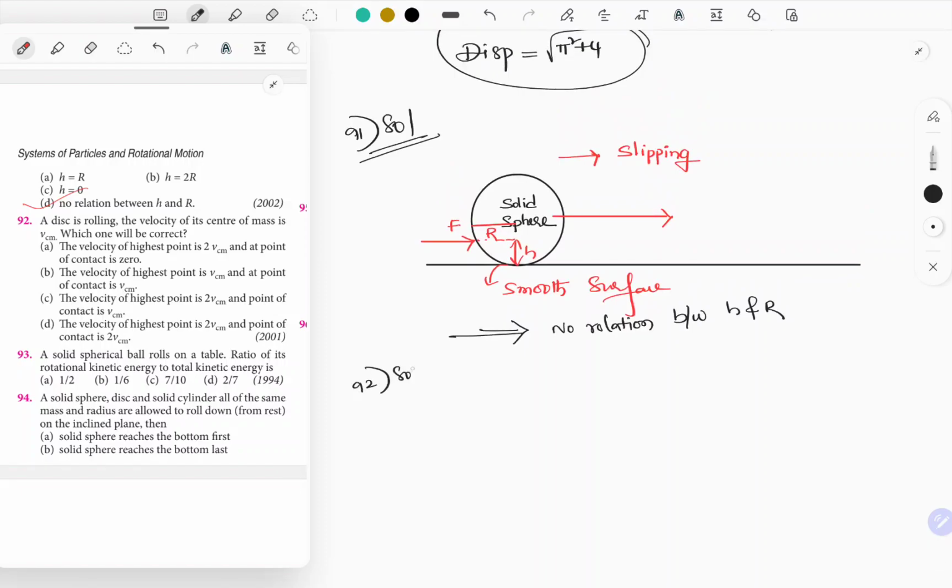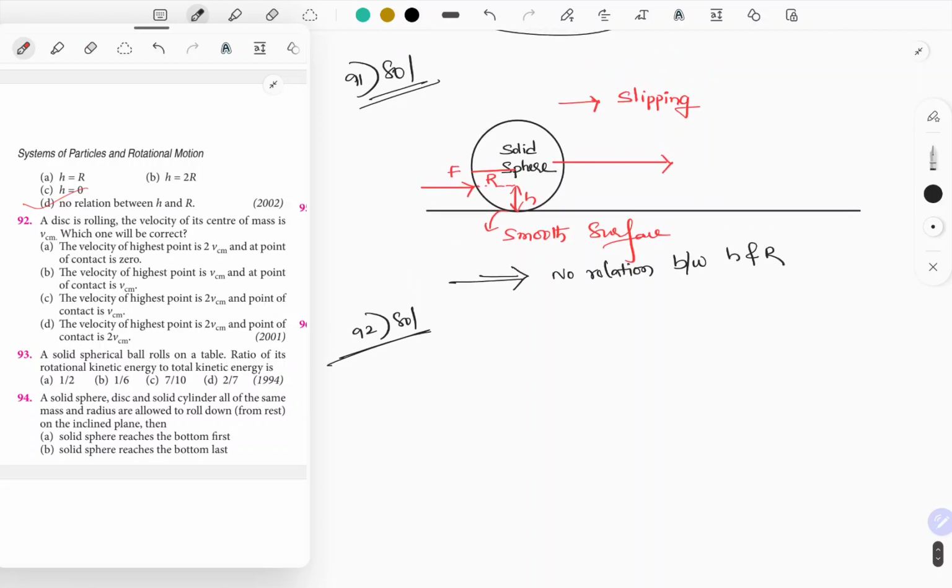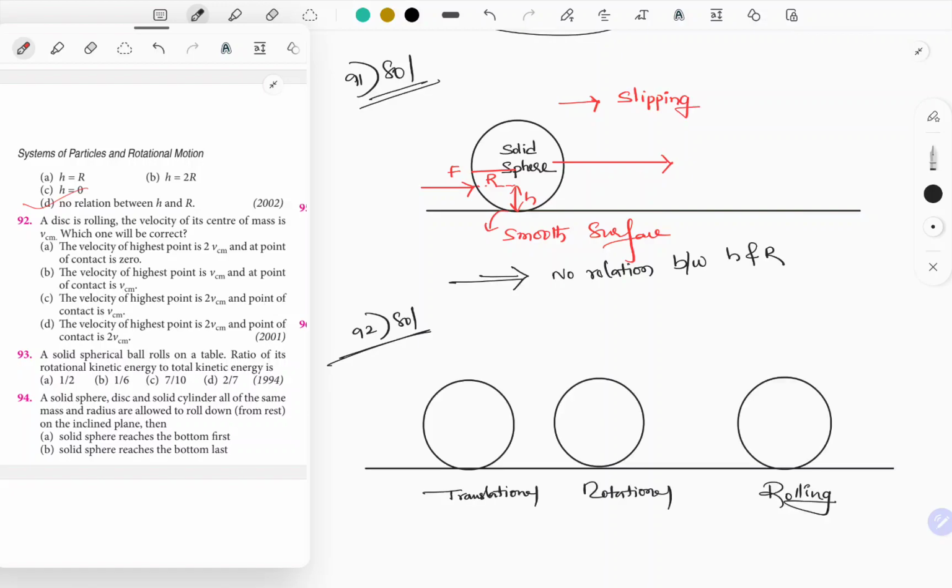Okay, next question number 92. To answer this question, we should understand translational motion, rotational motion, and combined motion. I already explained this in the previous session, part 3. You just go through that. In a translational motion, each and every point will move with the same velocity in the forward direction, that is with velocity v.